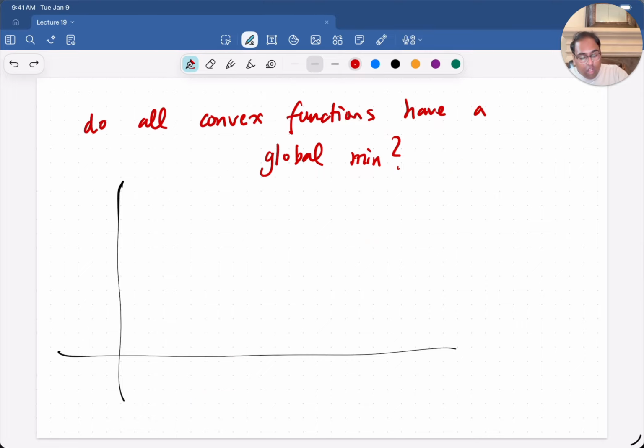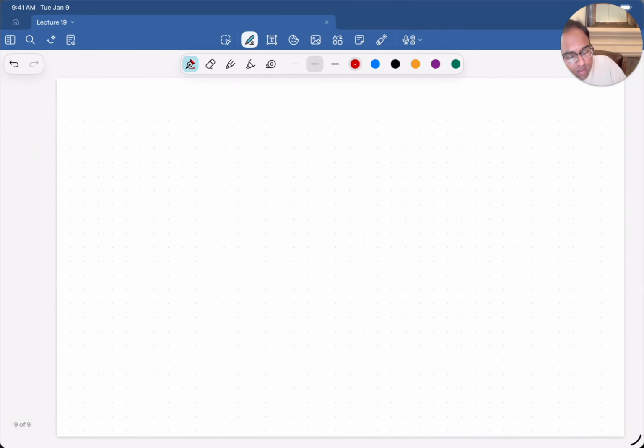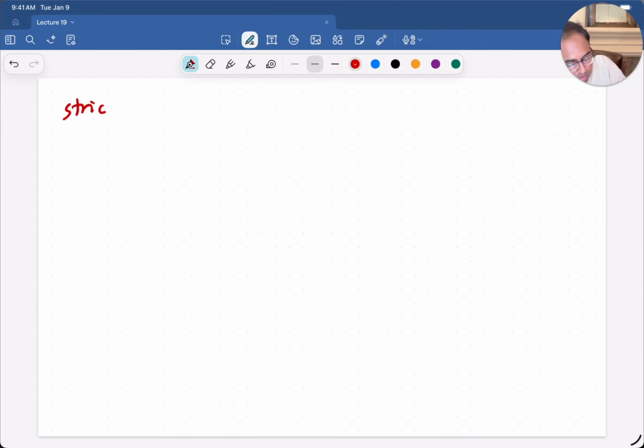But there's a slightly stronger version of convexity called strict convexity, and I'll state that here because the final example we will work with involves it. Strict convexity states that you can't have the equal to case.